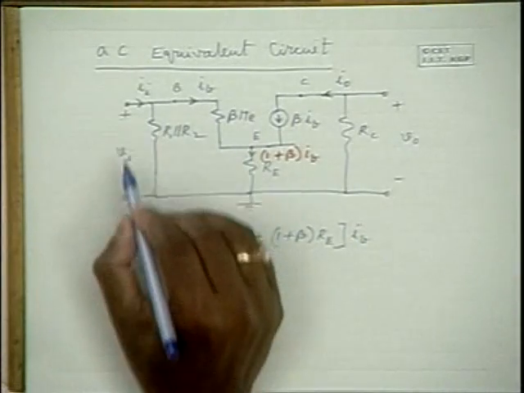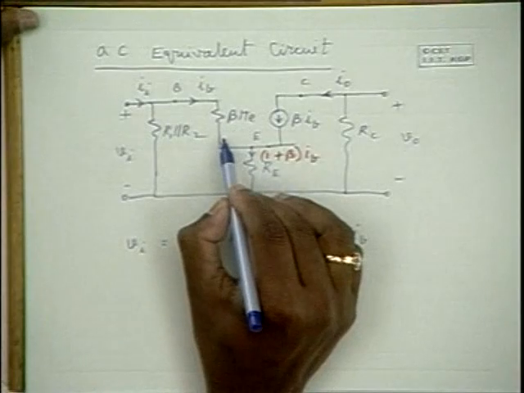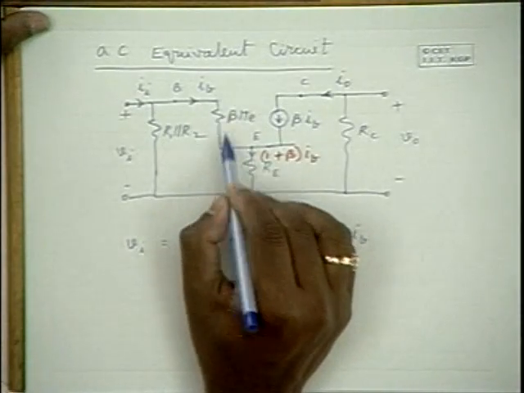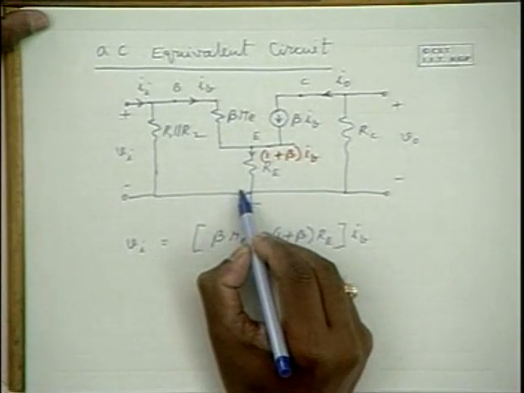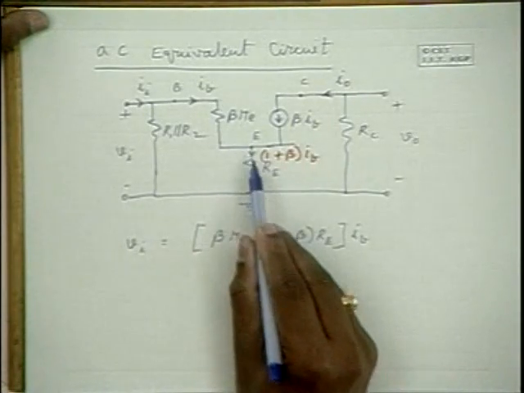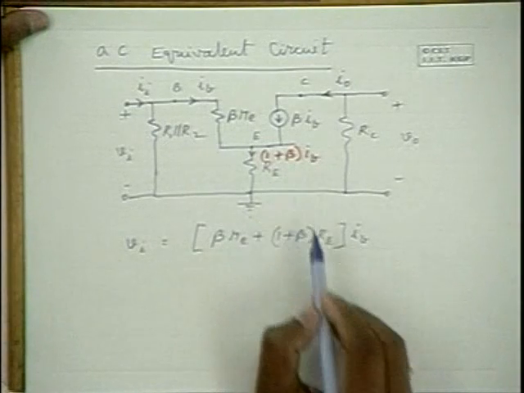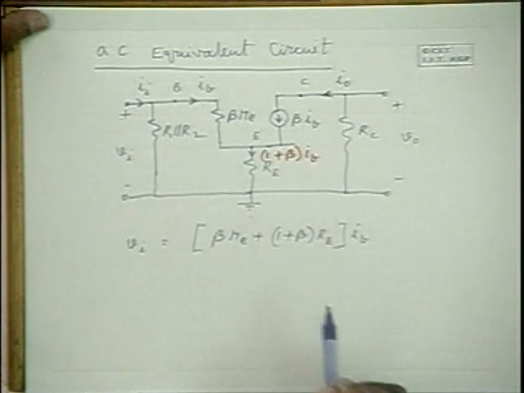So this voltage drop is equal to the voltage drop across beta Re, that is beta Re into IB, plus the voltage drop across this resistance, and that is 1 plus beta into IB into RE.